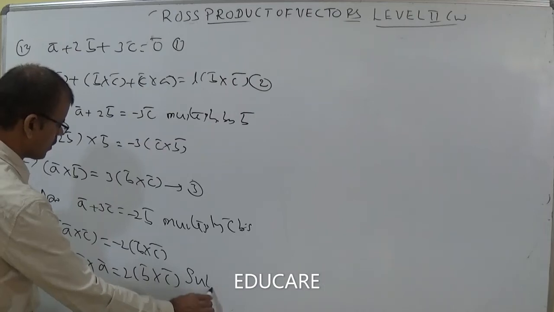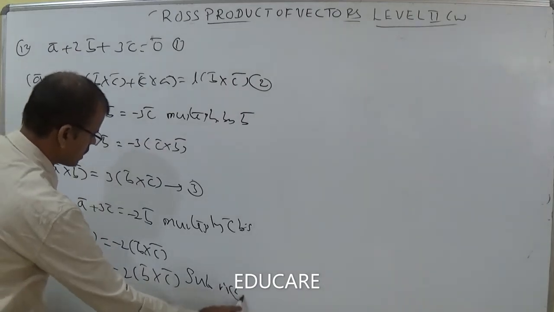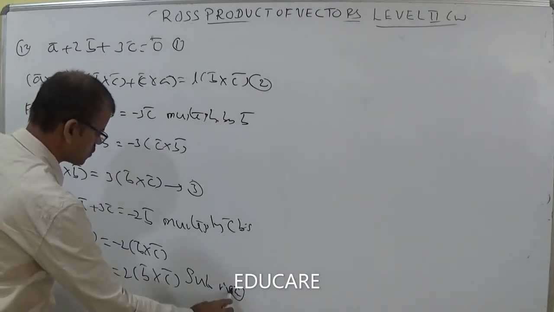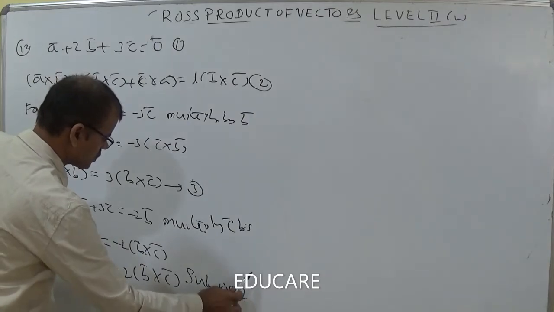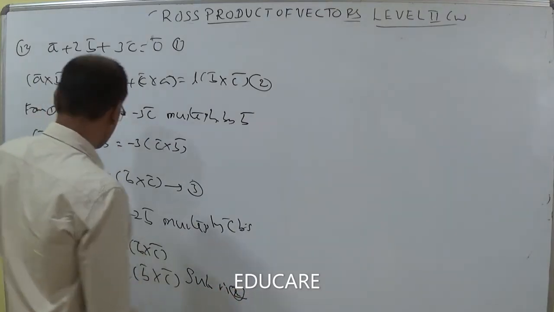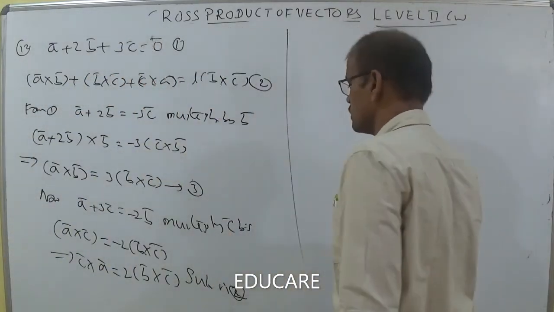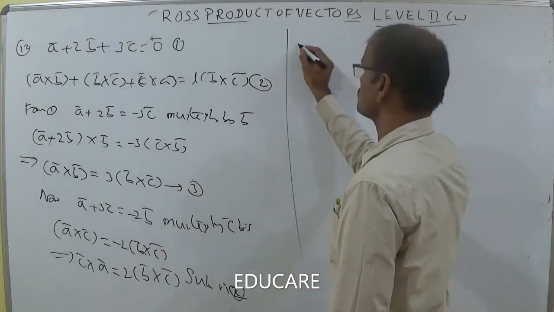Substitute all the values in the second equation. Instead of A cross B and instead of C cross A also we should substitute.